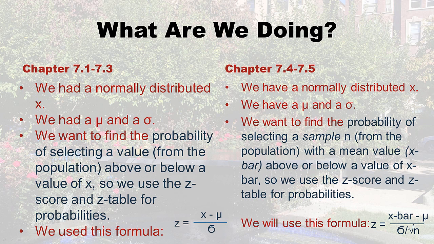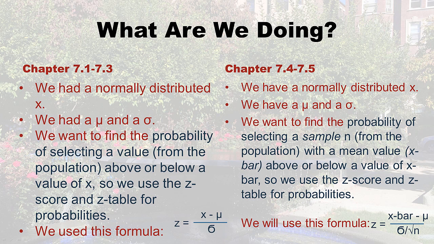You'll notice the first thing has not changed. We're still talking about normally distributed x's, and a population where we have a mu and a population standard deviation. But now we're not just grabbing one x from that population. We're grabbing a sample, and because we're grabbing a sample, we have to pick an n. The n's going to be different each time. How do we boil that down to one number?